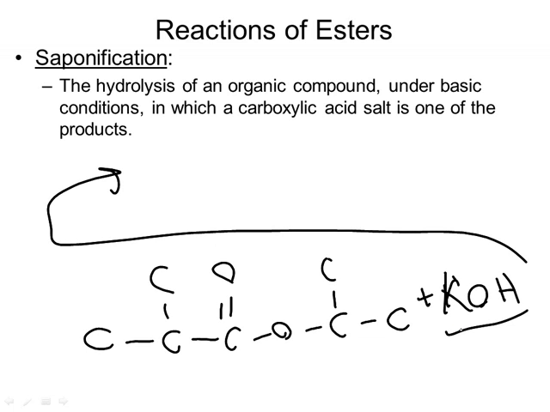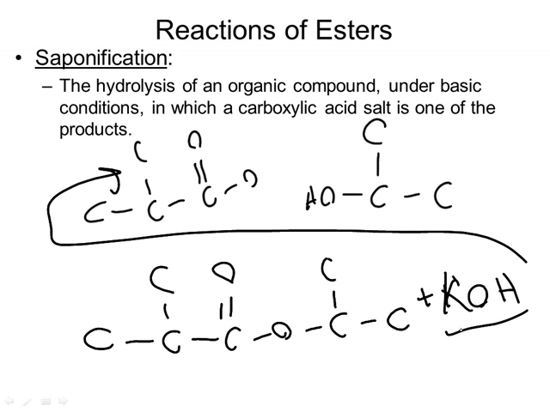And so what we get is, I'm going to draw the alcohol part first because that's pretty self-explanatory. Now we get the alcohol, it's the same. But what we get instead is I get the same product over here, but the only difference is that OH isn't there. It gets ripped off, and instead we get a minus, but because there's this potassium hanging around, we get K+.